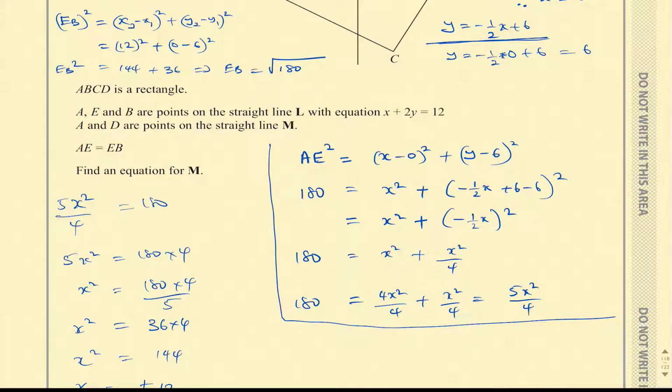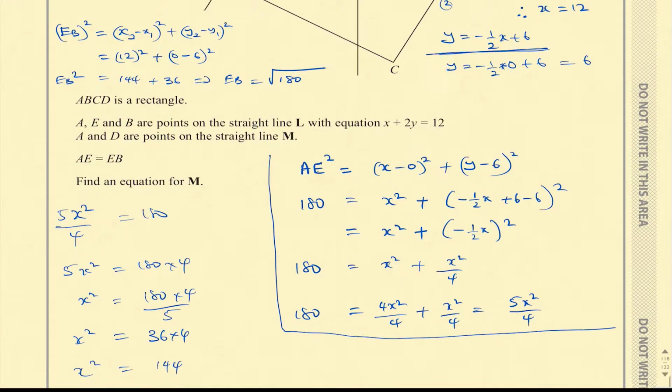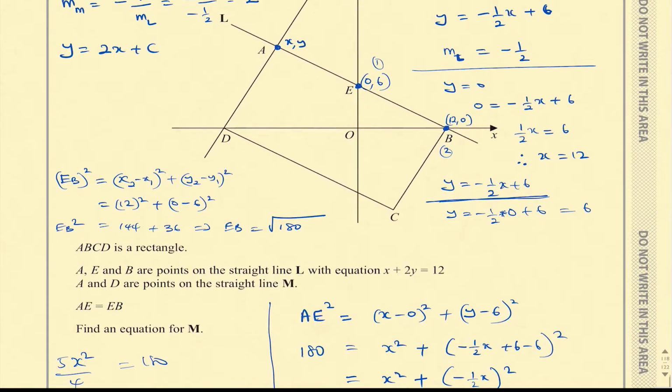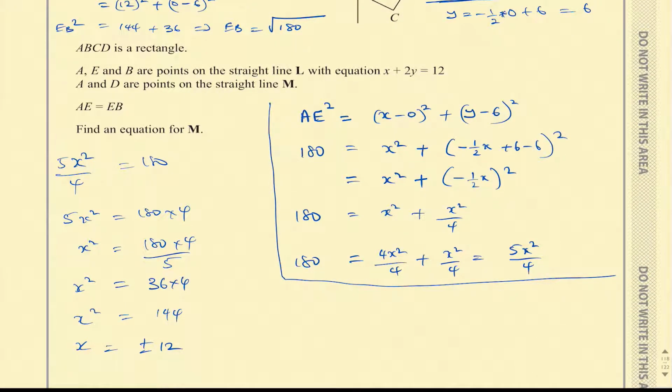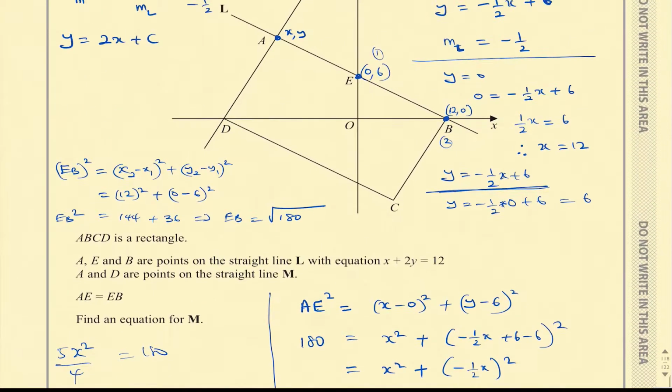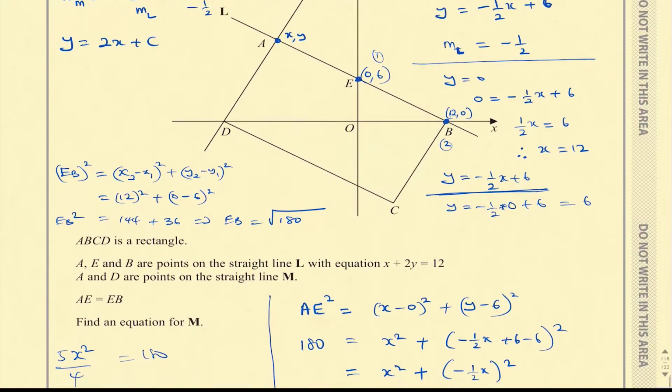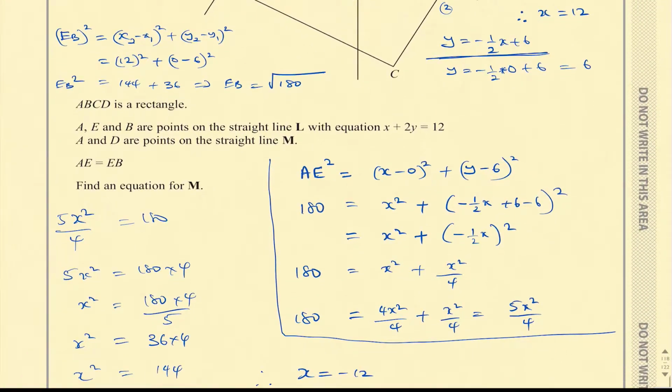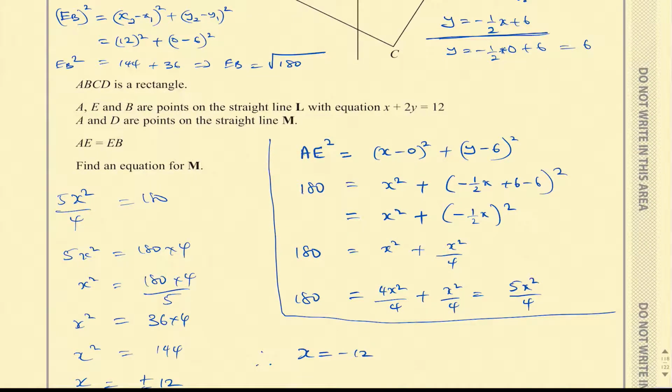And that implies the value of x will be minus 12. So therefore x equals minus 12. And when x is minus 12, what is y? At that point where it meets L, we know the equation of y, because at that point L and m both meet. So y equals minus a half times minus 12 plus 6.